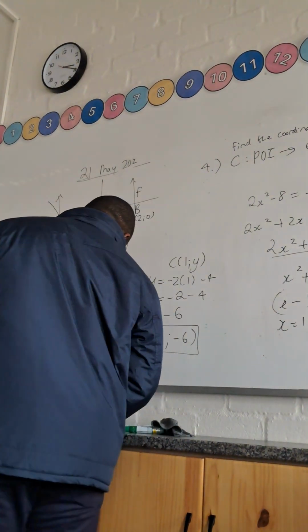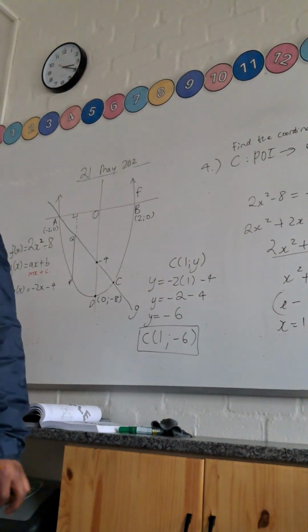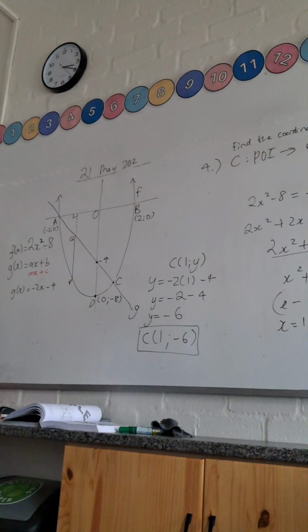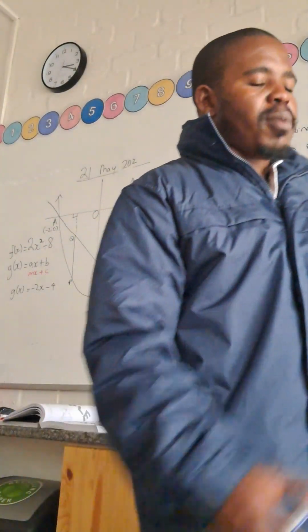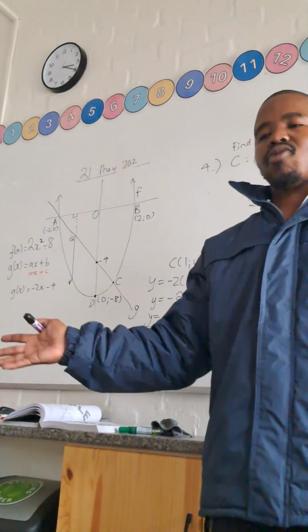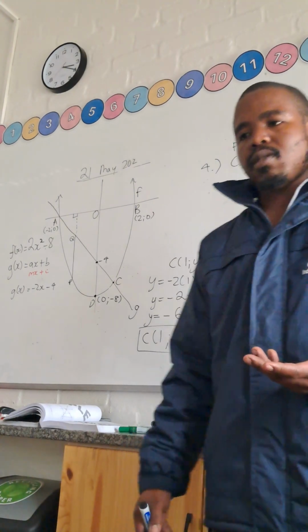So if you ask us to find the coordinates of a point of intersection, all we do is make equation 1 equal equation 2. So you make the parabola equal the straight line. And then we have to solve for x, and then substitute that x into either the straight line or the parabola.